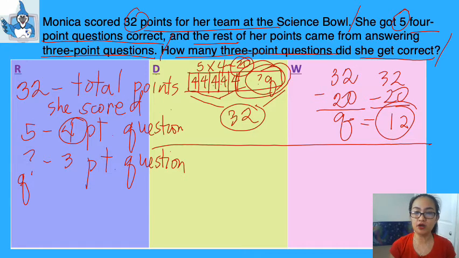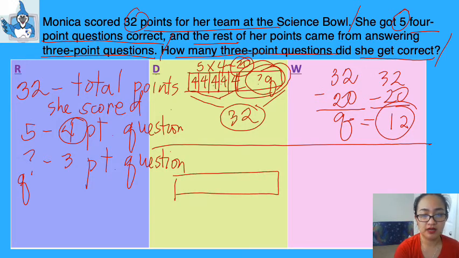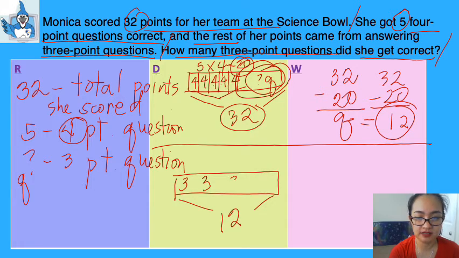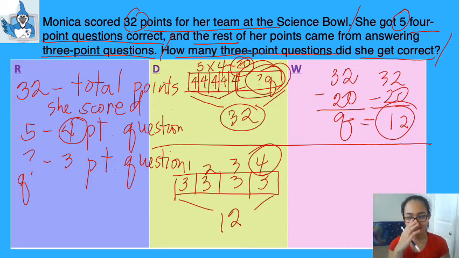So now that I know that it's 12 points, okay, I can write that as a total. I know it's 3 points per question. So how many 3s are there going to be? Skip count. 3, 6, 9, 12. How many questions? 4 questions.